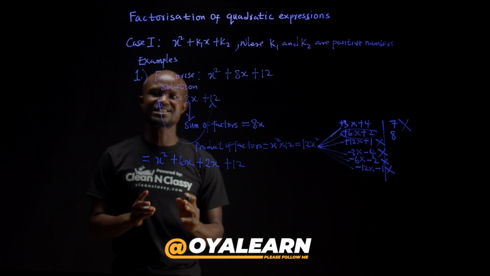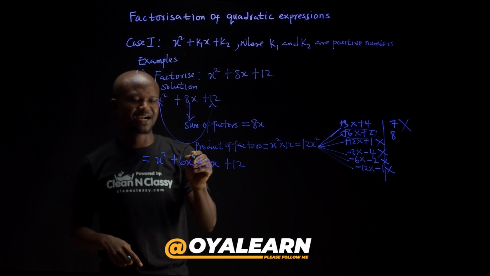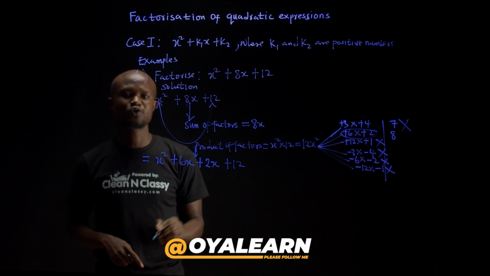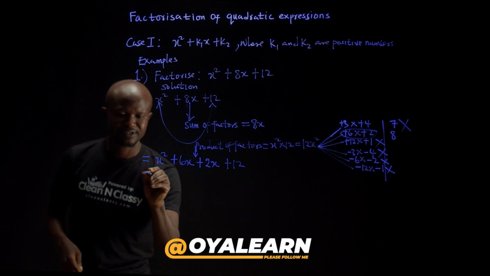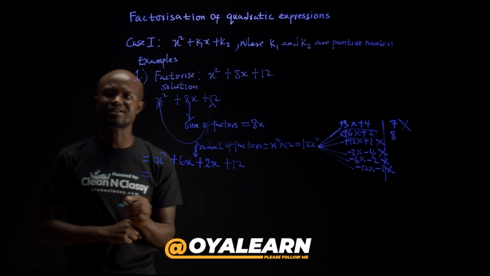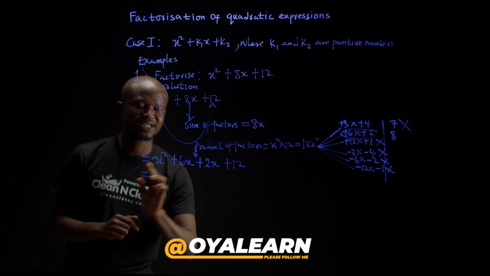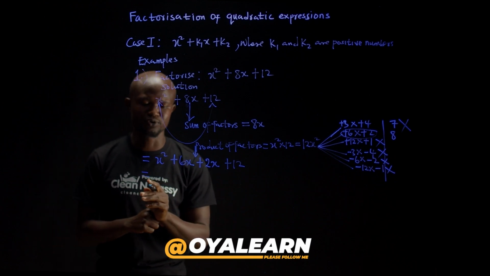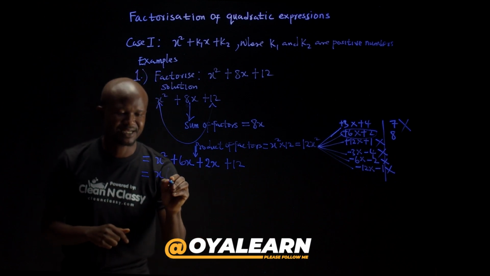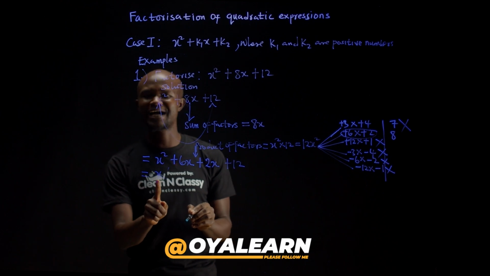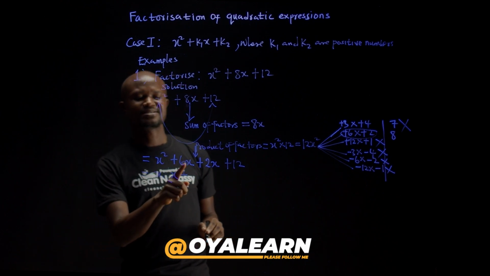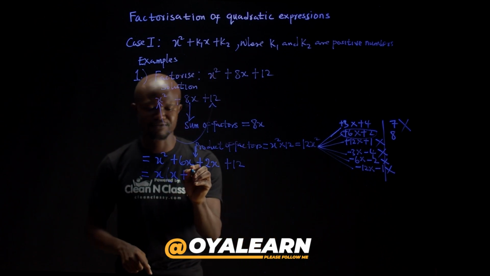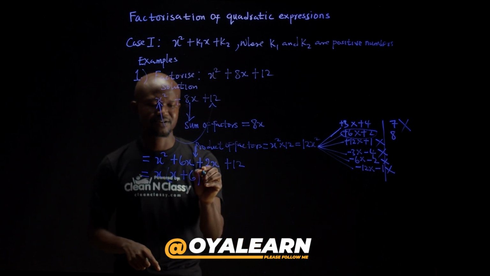Now, the next thing for us to do is what we call the pairing. We are going to pair the first two and the last two. For the first two terms, what is common to both? x. x squared divided by x gives x, and 6x divided by x gives 6.